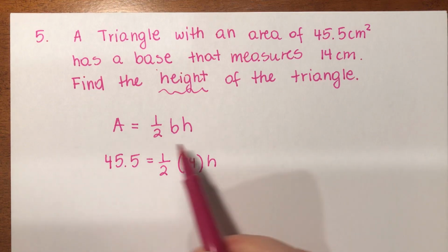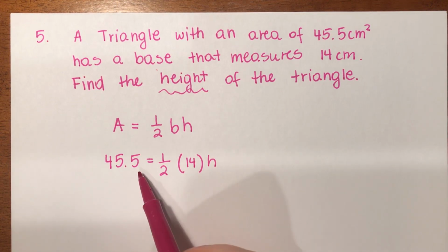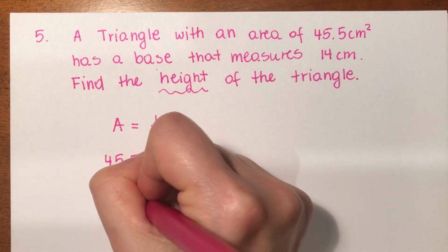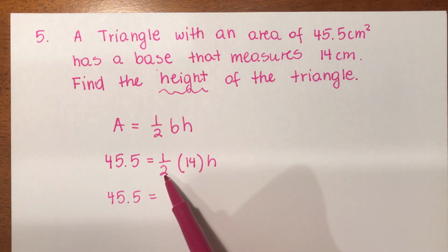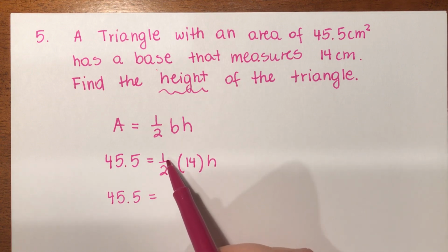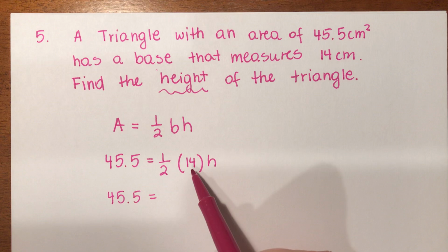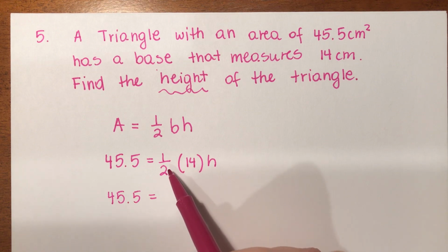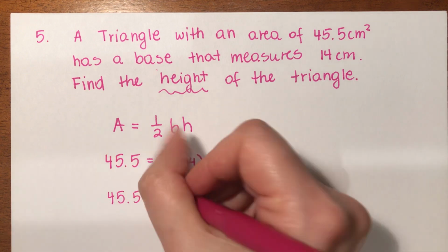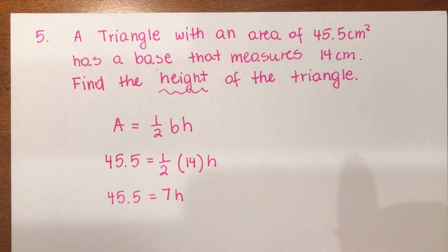Okay, now we're gonna try to simplify. On the left side there's nothing to simplify, so I'll just leave the 45.5 the way it is. Now the right side, that's kind of a little bit of a mess here, so I'll simplify 1/2 times 14. When you multiply something times 1/2 is the same as divide by 2, so 14 divided by 2 is 7h.